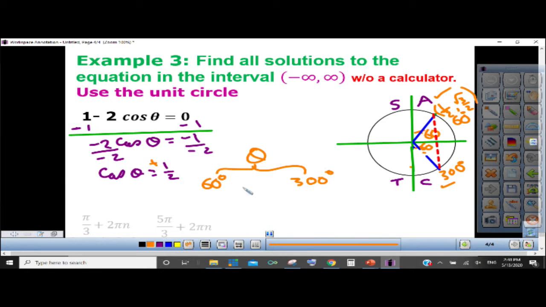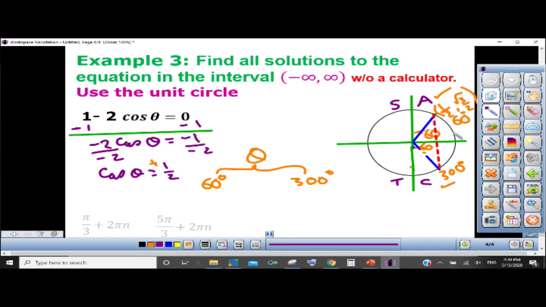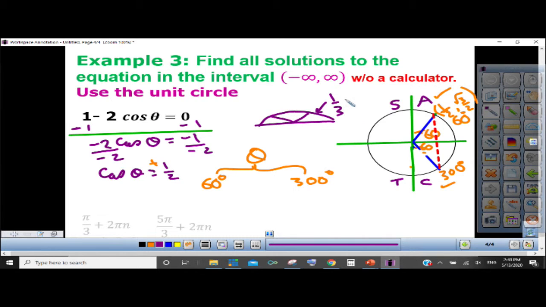Now, what is 60 in terms of pi radians? Well, we know that if you take the pi, slice that into 3 pieces, that's 1/3 of the pi. 1/3 is 60. So 1/3 of the pi is pi over 3.